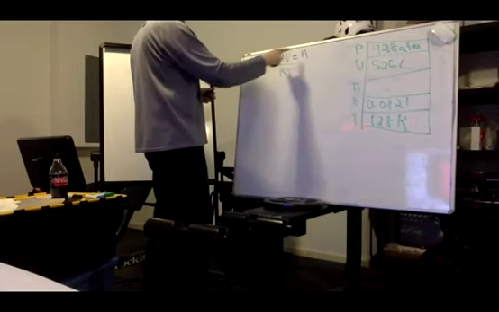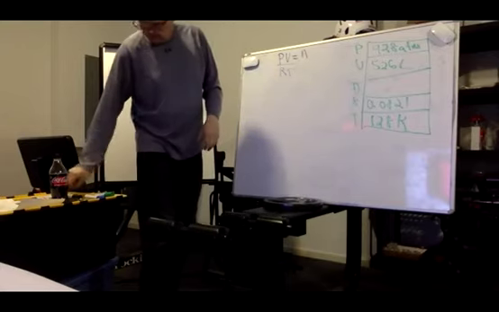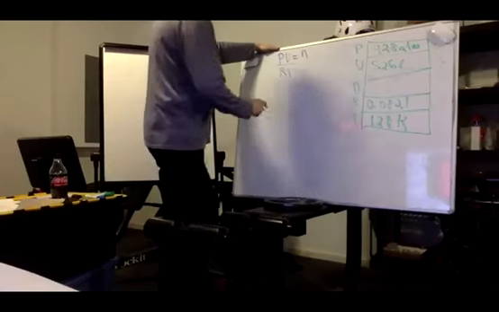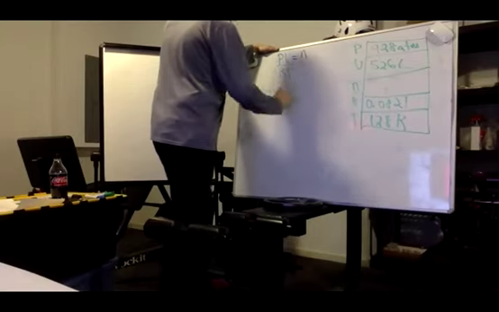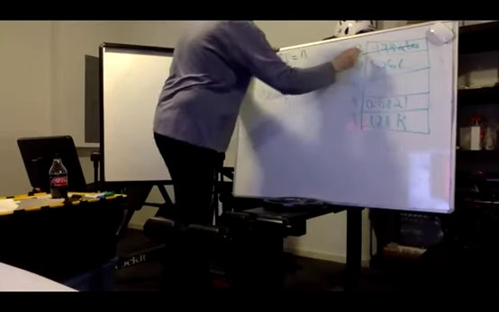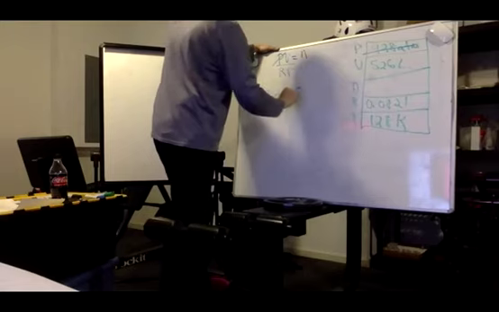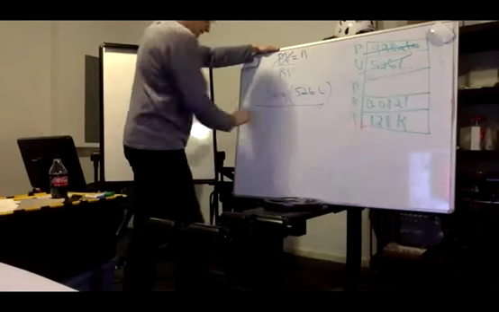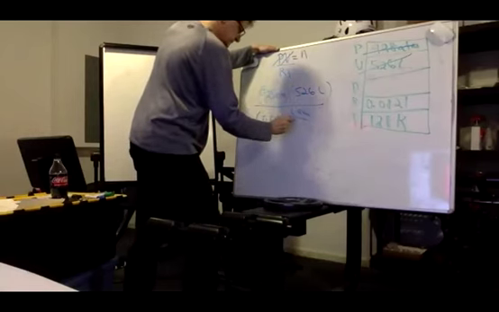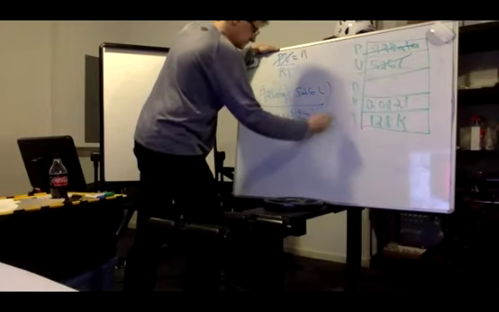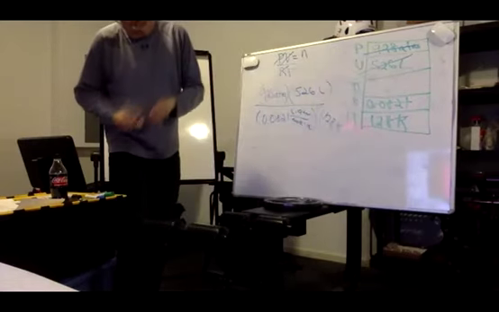So PV over RT equals N. So P is 928. V is 526. R and T. So let's execute.